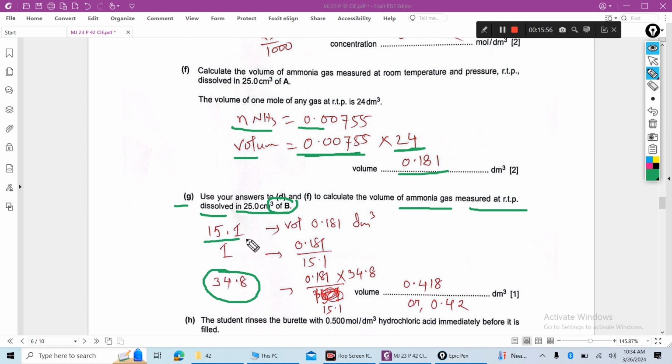So 15.1 centimeter cube contains volume 0.181 dm cube. So for 1 centimeter cube how much, and for 34.8 centimeter cube how much volume it contains, you will get 0.418 dm cube. You get the answer.